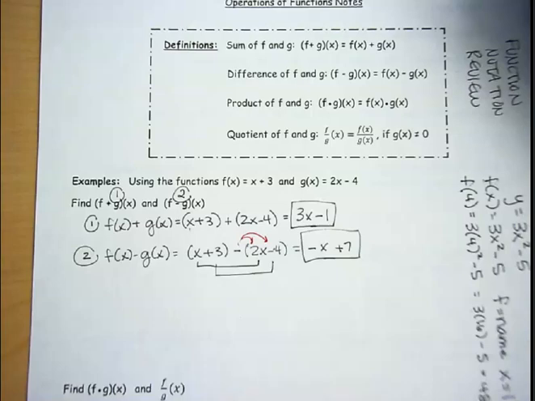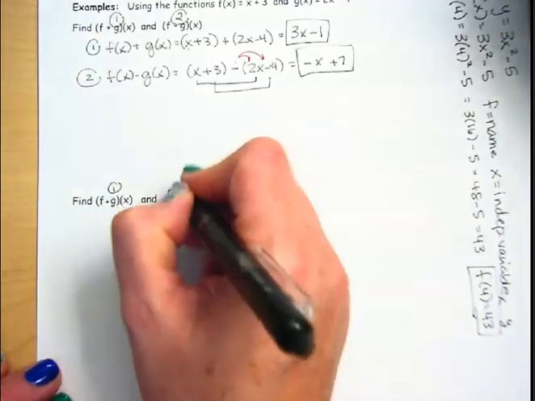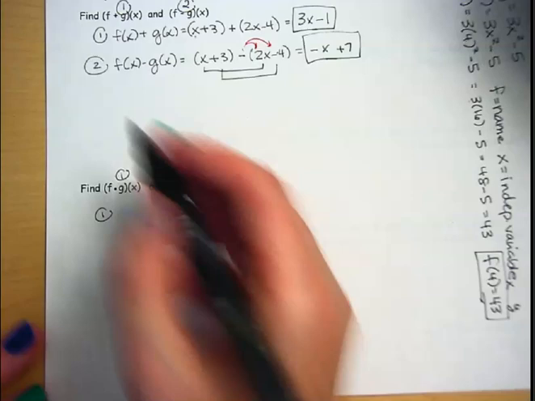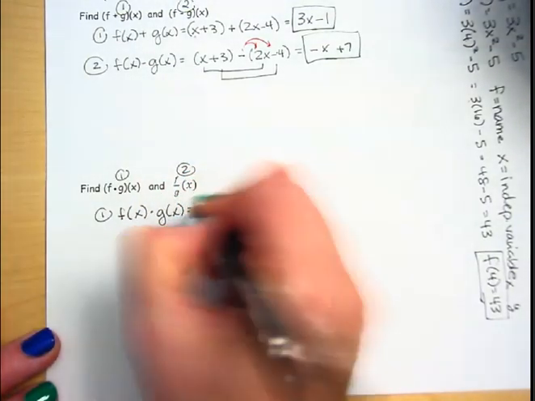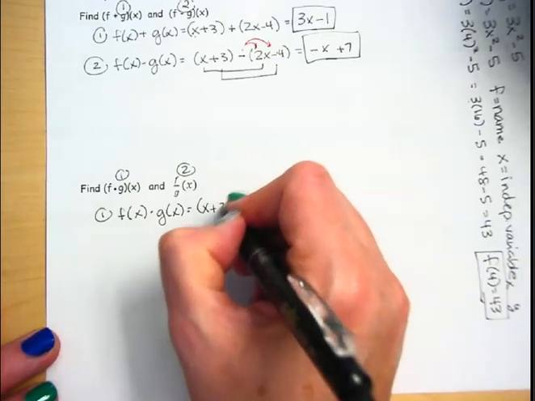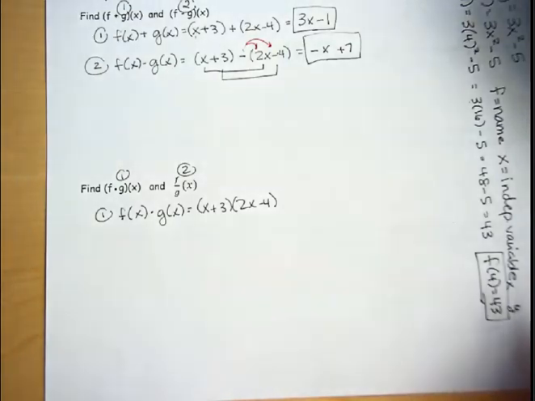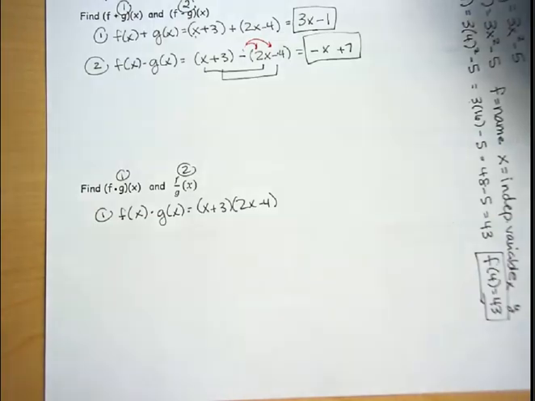And then down here we are going to multiply and divide them. So for multiplying, f of x is x plus 3 times 2x minus 4. And here the parentheses are also important because we have a binomial times a binomial. You can do FOIL, you can do box method, you can think about it as double distributive property, whatever you like.